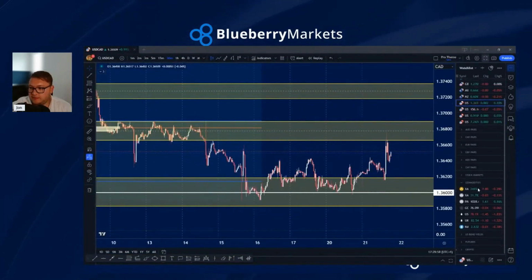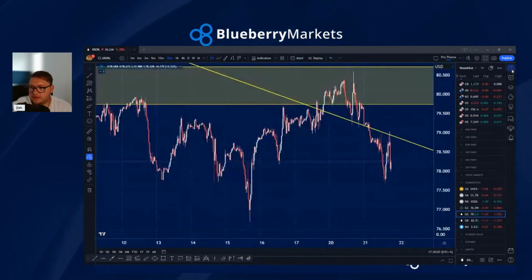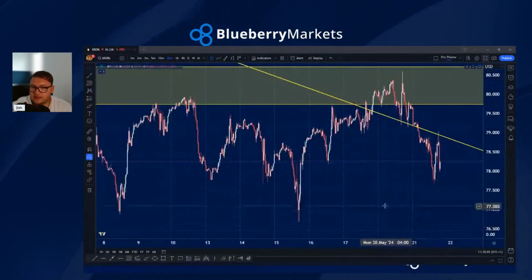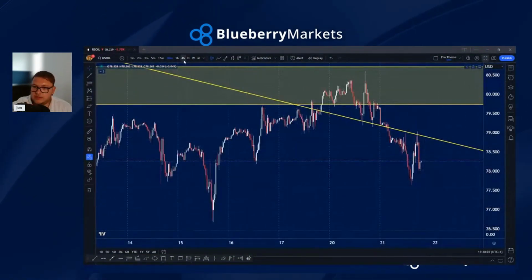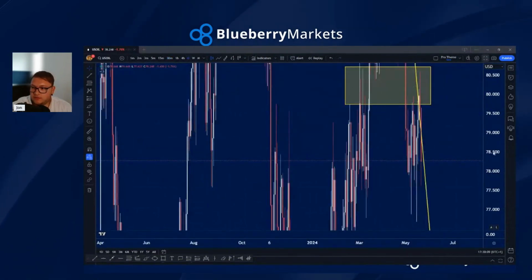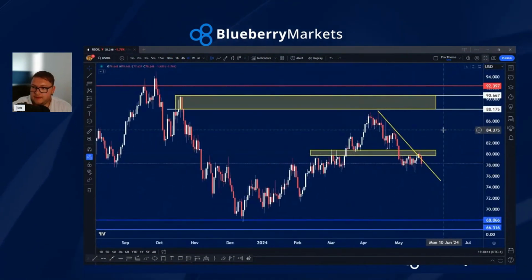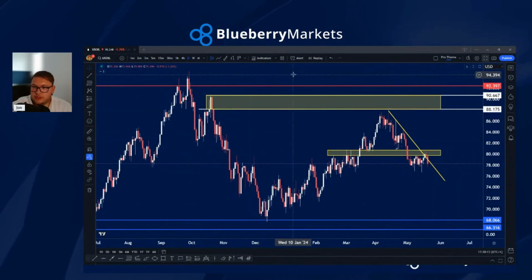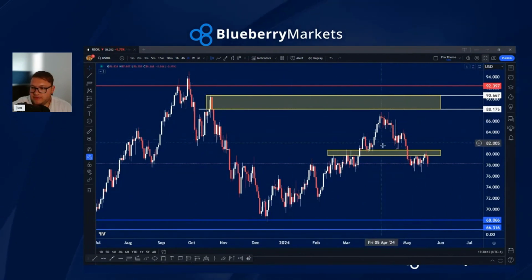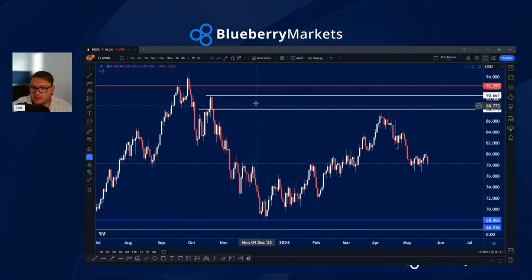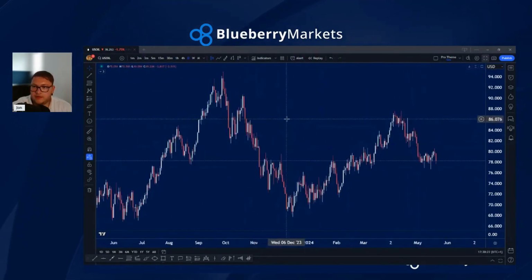So if I go down to my commodities here, and what we're going to look at is the prices of oil. If I was just to do a comparison chart again, just so you can see it here, I'm just going to delete some of these tools and then we'll bring them back.